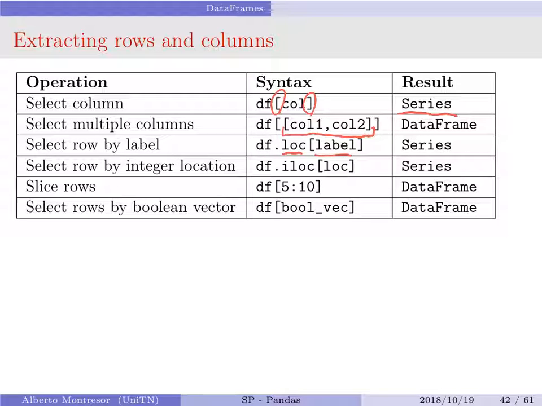And I can use a label if I have labels for my data frame, or iloc, integer location, if I want to extract a given row number in the data frame. In both cases, I get a series. Then I can slice rows, and I can do something like this, okay? And I can select rows by Boolean vector, which means that I'm doing masking and filtering. Okay, I'm showing an example of this now.